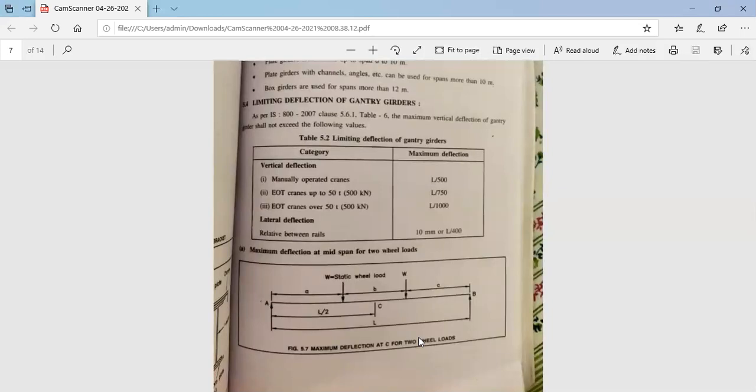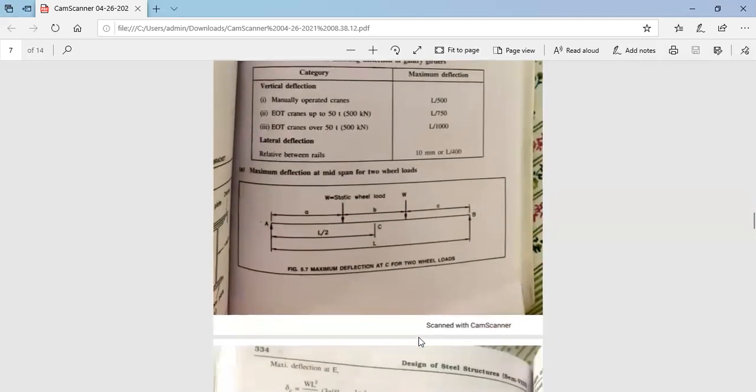For cranes over 50 ton, maximum deflection is L by 1000. For lateral deflection relative between the rails, maximum deflection is 10 mm or L by 400.